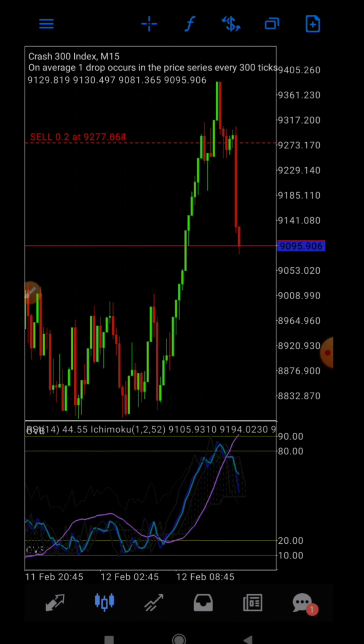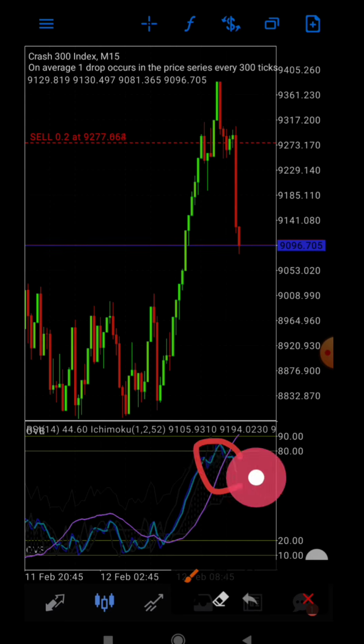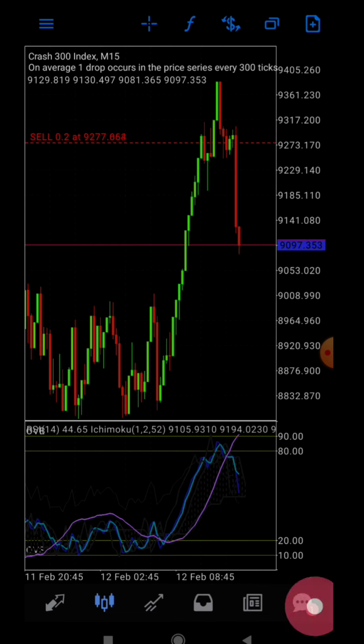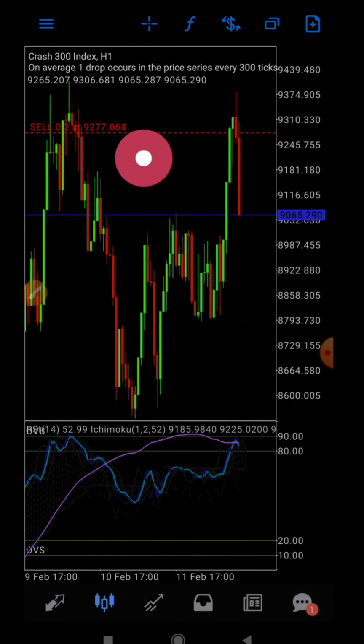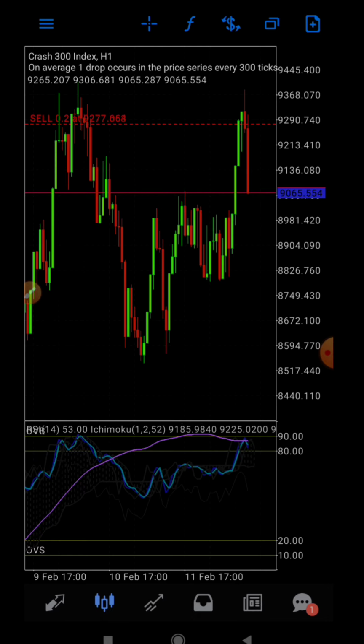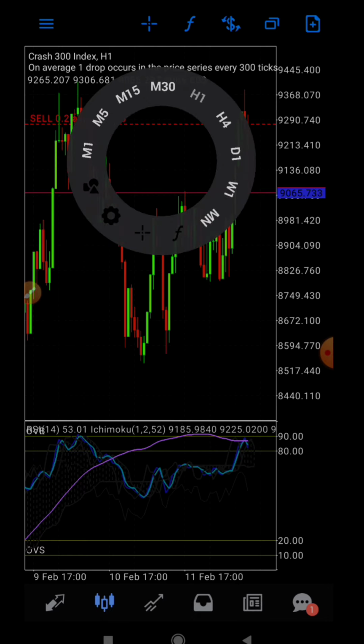Now, immediately I confirmed my Confluence, that yes, my Ichimoku and my RSI have already intersected at the top, which is at the 80 level, and I have a rejection on my 1 hour. I have a rejection on 1 hour. That informed my decision to take this trade.